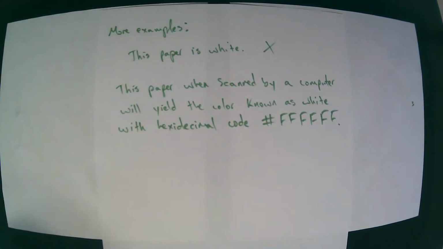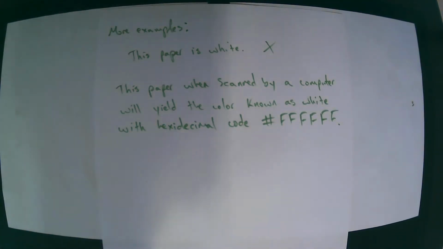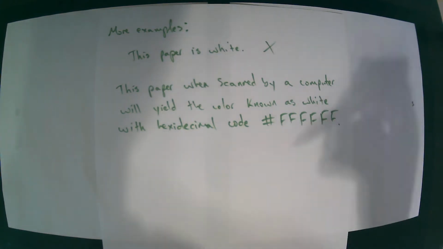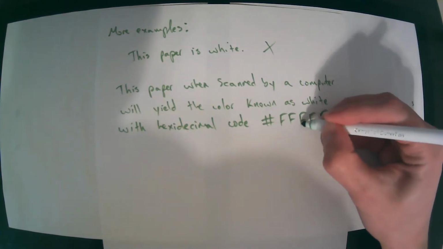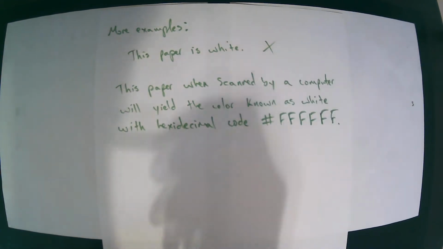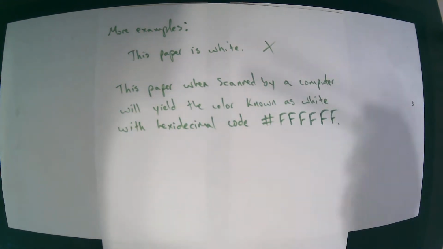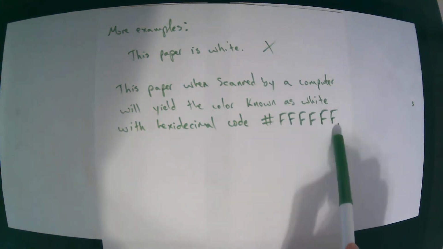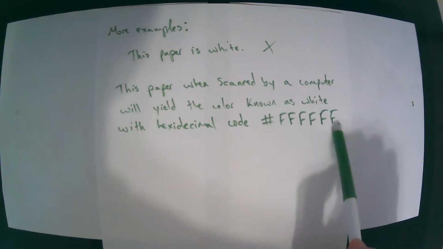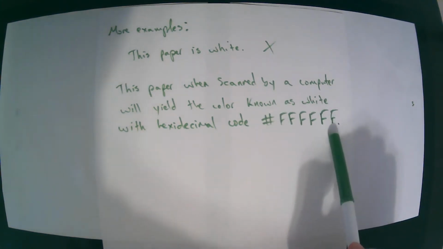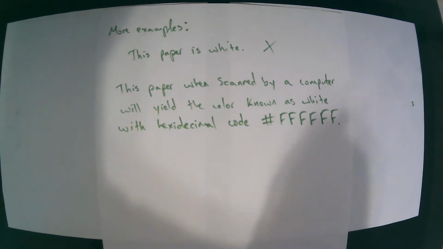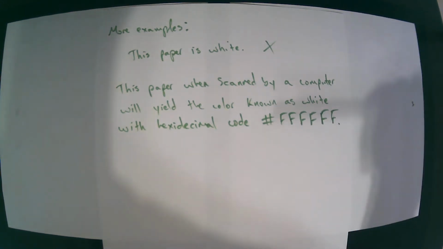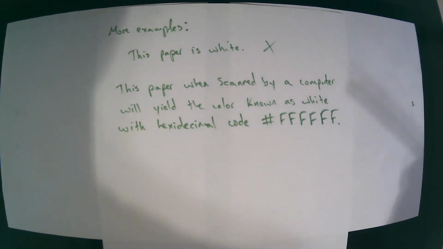If you've ever done any coloring or illustration or graphic design with computers, then you know a computer assigns to each color some code that's in what is called hexadecimal format or hexadecimal code. If you've taken any computer science classes, you've learned that there are different number systems. We use the decimal number system, 0 through 9.